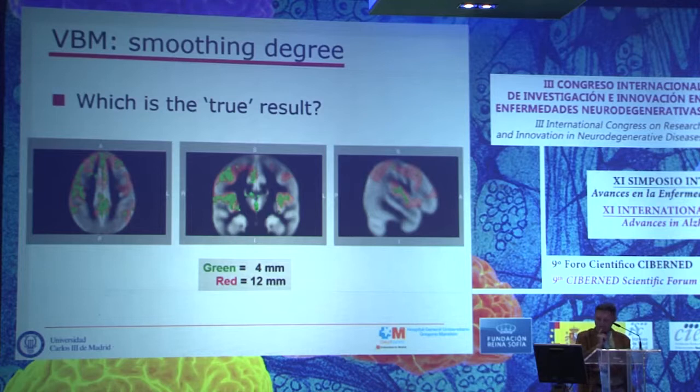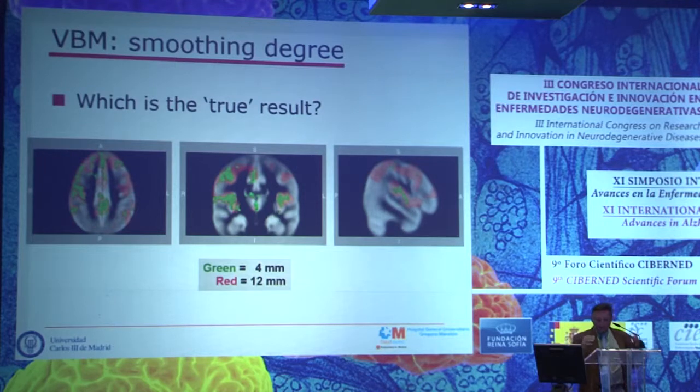This is a result. Well, actually, it's two results, or two possible outcomes of an experiment. I don't remember exactly where I took this from, but it's an example of volume-based morphometry.